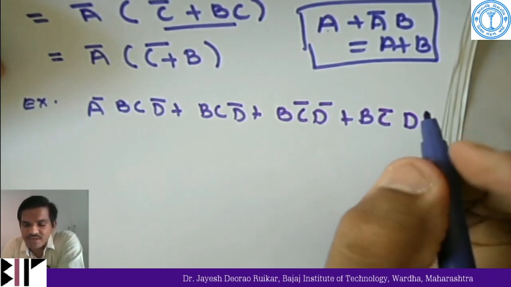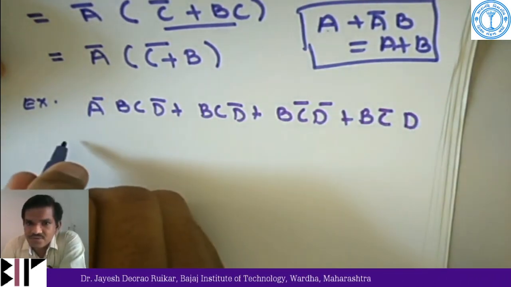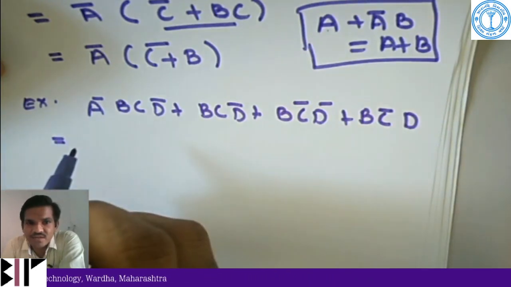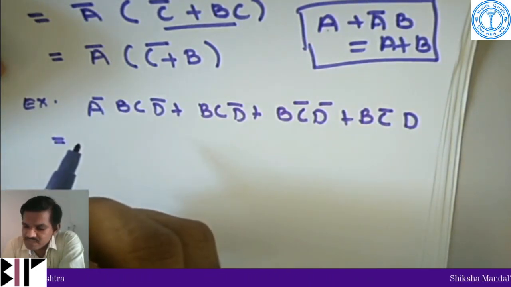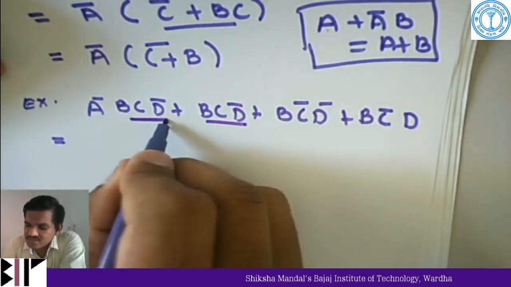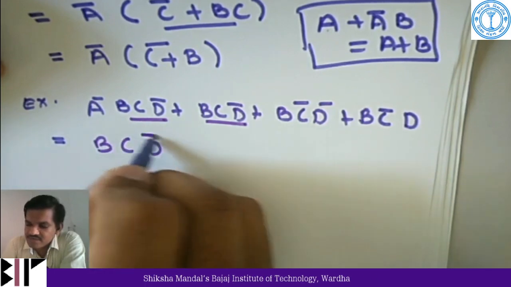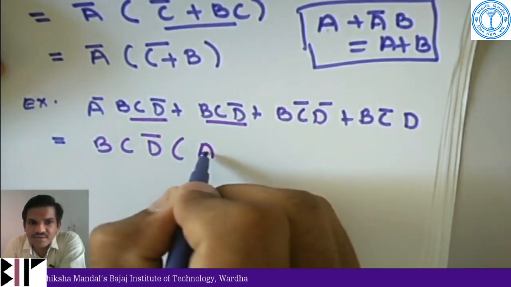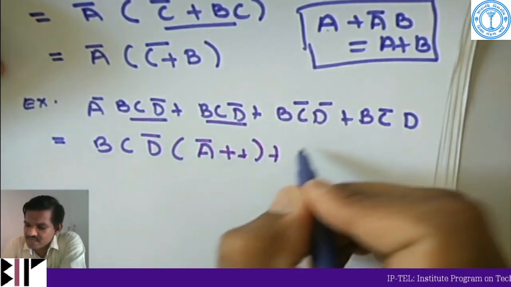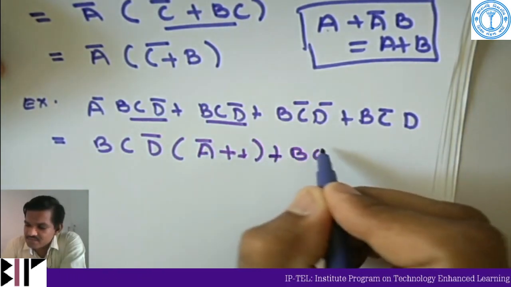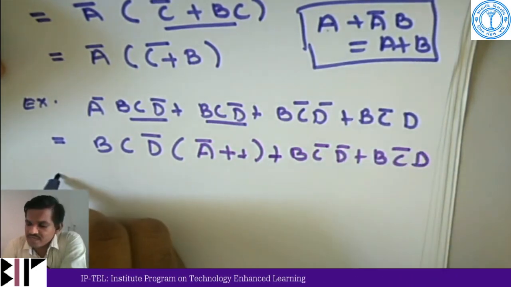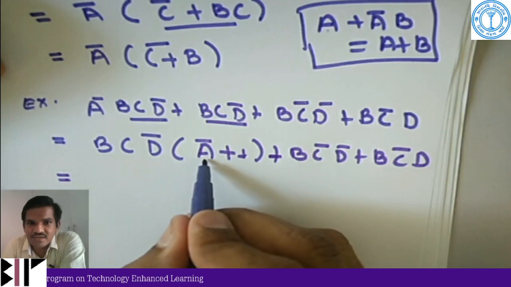Now we have to minimize this. So we will take common from this expression. When we look at this expression, b, c and d bar are there, so we will take b, c, d bar common. So the remaining is a bar plus 1, and the remaining terms are as they are, b c bar d bar plus b c bar d.